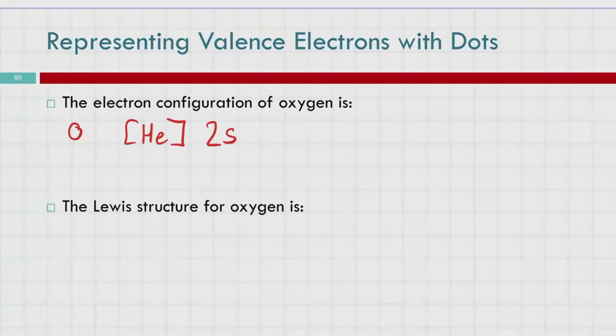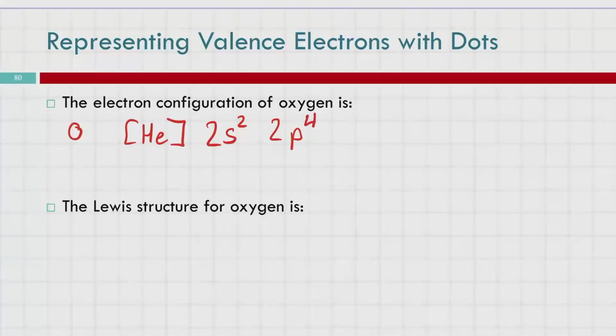Is oxygen in the S block? No, it's further. So we're going to fill that in. 2s2. We've passed 1, 2, lithium, beryllium. Then we move over to the P block because that's the thing that comes next. So 2p. And what spot are we in? We are in the 1, 2, 3, 4th spot, oxygen. So 2p4.